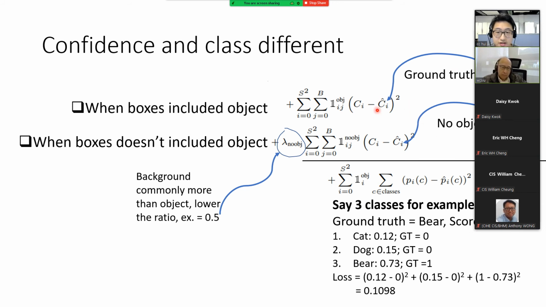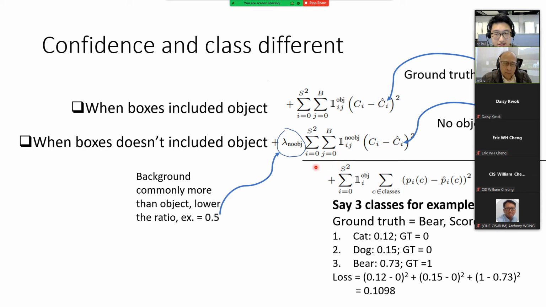So for the bounding box that includes a ground truth, we set it to 1, and for the one that doesn't include it, we set it to 0. Here you can see another lambda, which is to lower the effect of the boxes that don't include a ground truth. So we set it to 0.5 to reduce their effect.